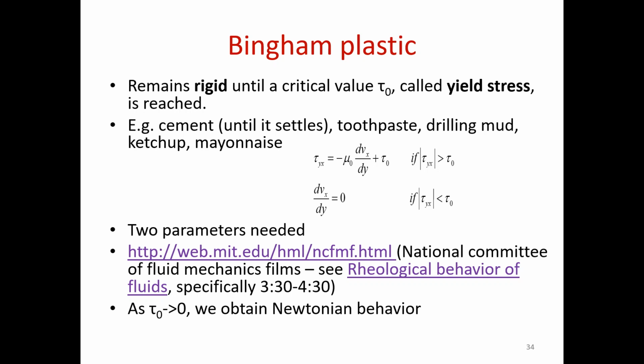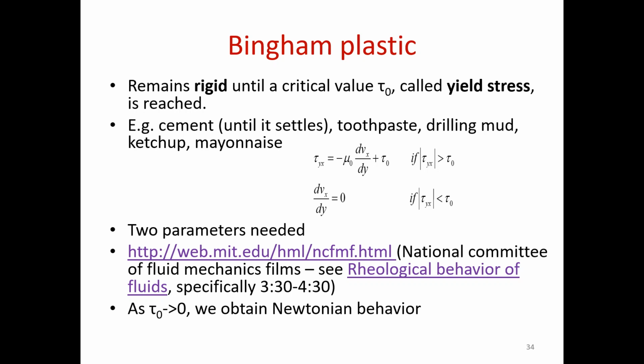What makes this a little complicated when dealing with it mathematically and trying to solve for analytical solutions is that you have to treat these two regimes differently. And when solving the equations, you actually don't know whether you're in this regime or that regime. So you have to solve for them separately and kind of merge them together.